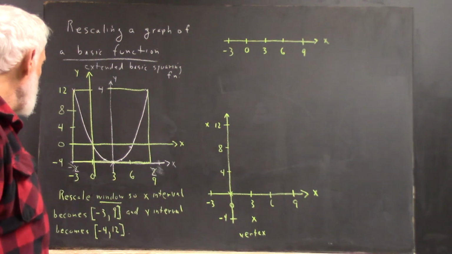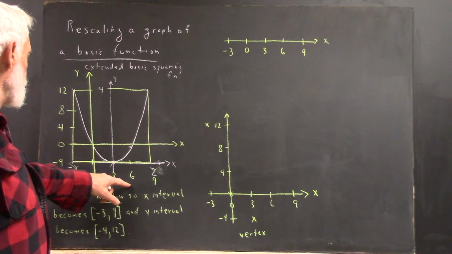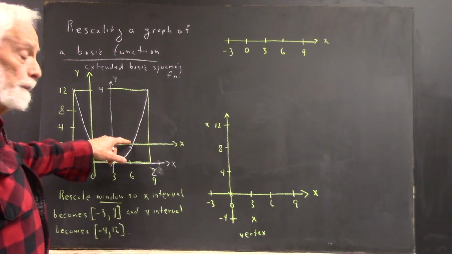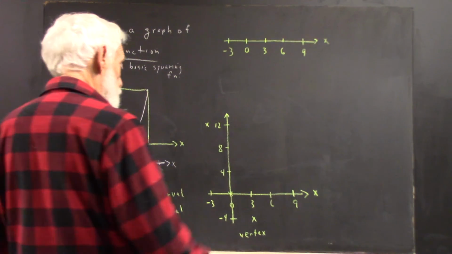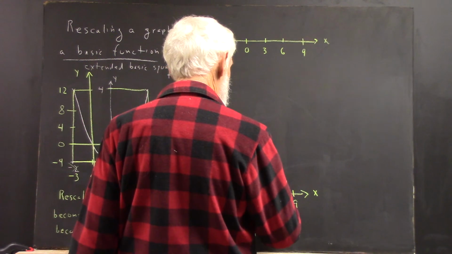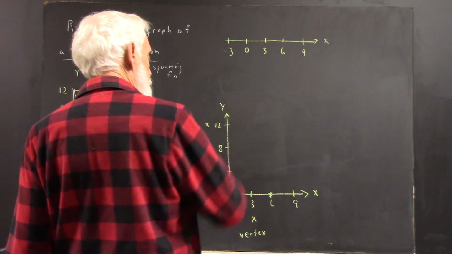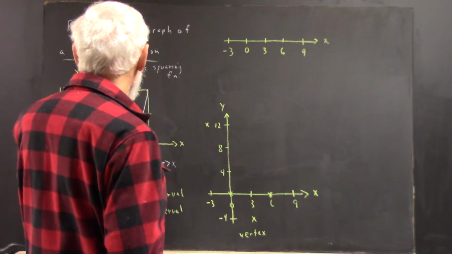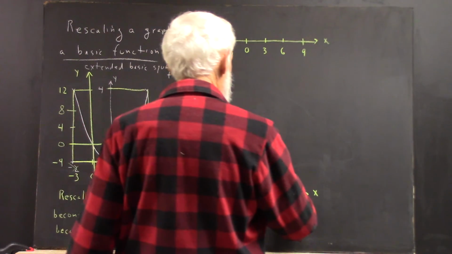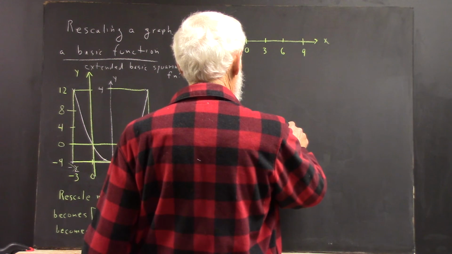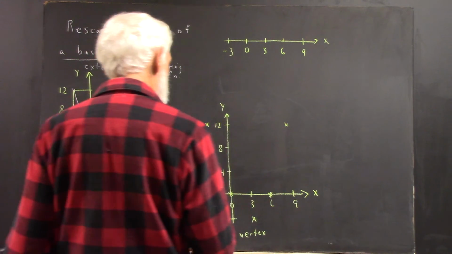I've got the point 6, 0. So the graph goes through the point where x is 6 and y is 0. And then through the point 9, 12, here's point 9, 12.